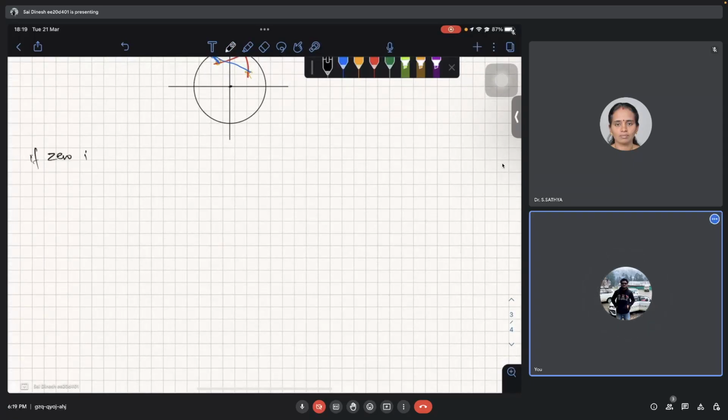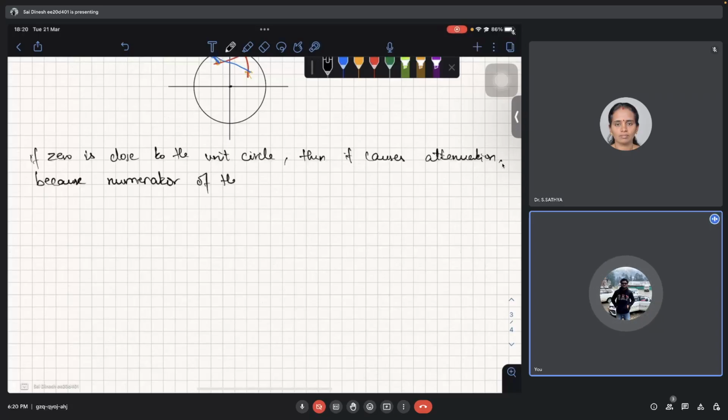So if the zero is close to the unit circle, then it causes attenuation, because the numerator of the transfer function is decreasing, right?